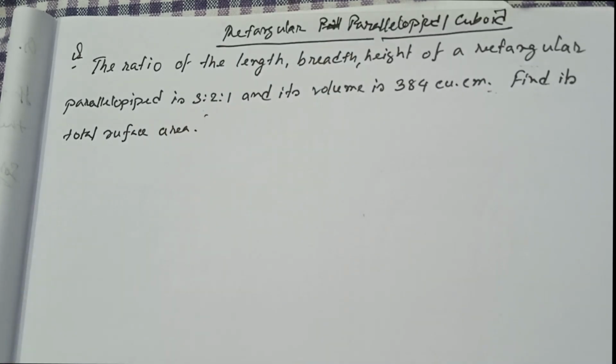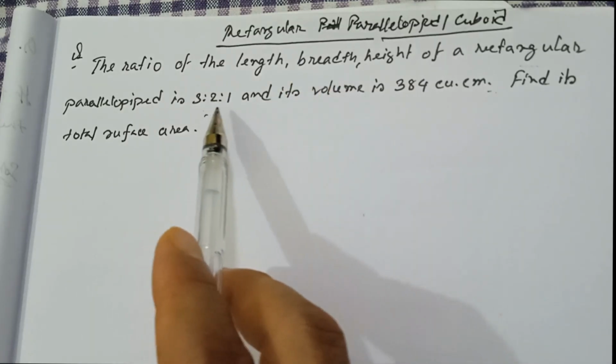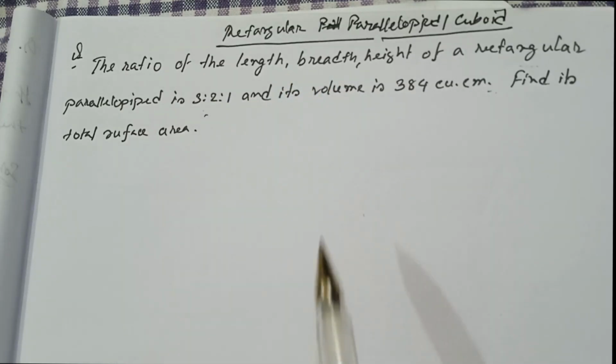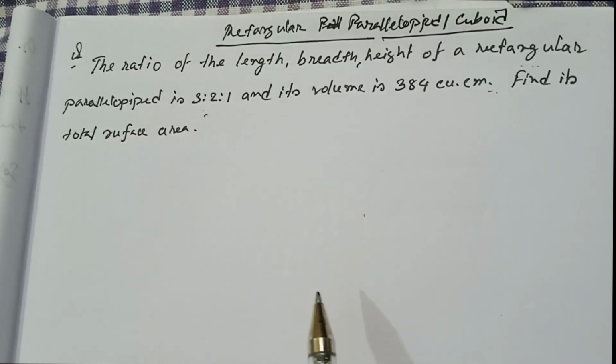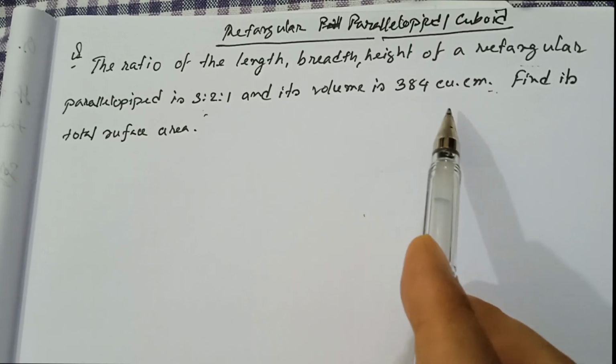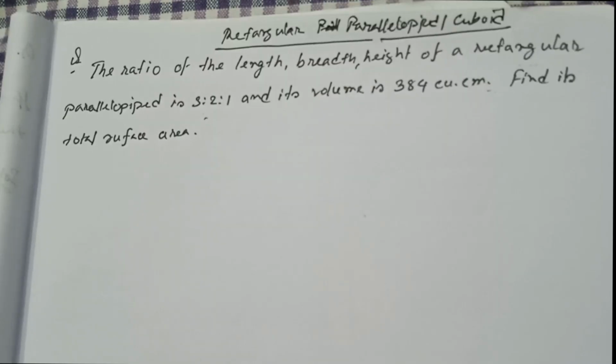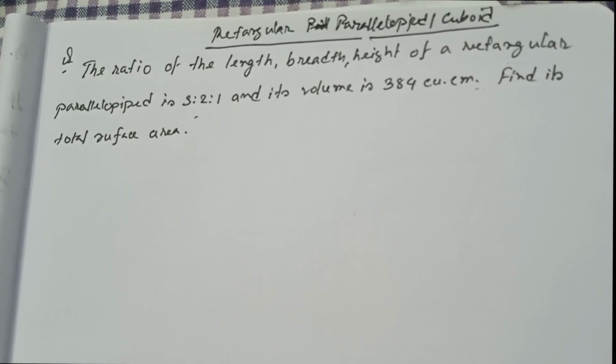Length is to breadth is to height is 3:2:1, and the volume of the parallelepiped is 384 cubic centimeter. Now we have to find its surface area.